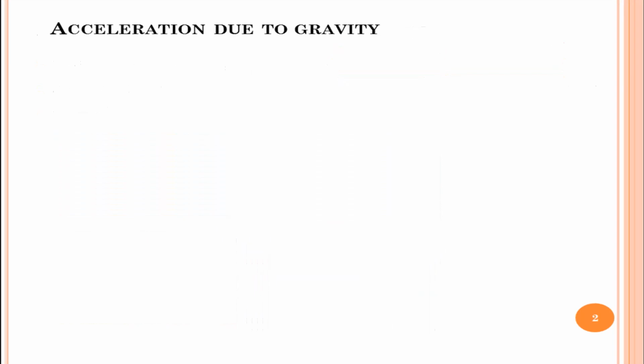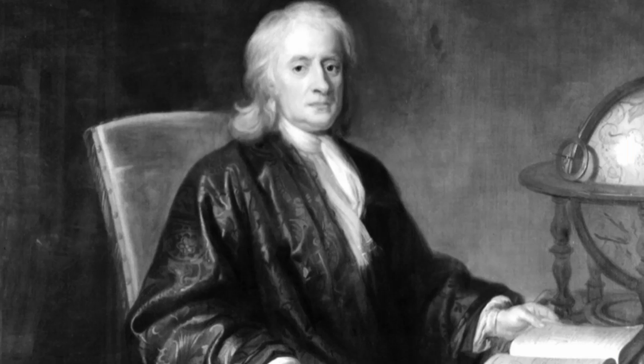Let us discuss the concepts related to the acceleration due to gravity. We are all familiar with the story of Sir Isaac Newton. One fine day, he was seated under an apple tree and suddenly an apple fell on his head. The rest is history, but this gave birth to the laws of gravity.